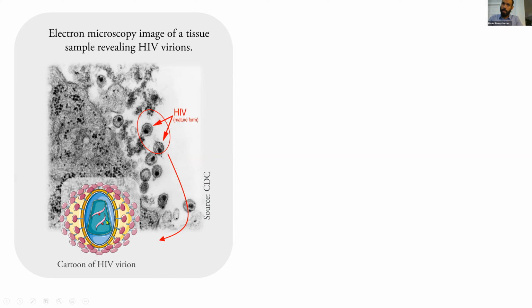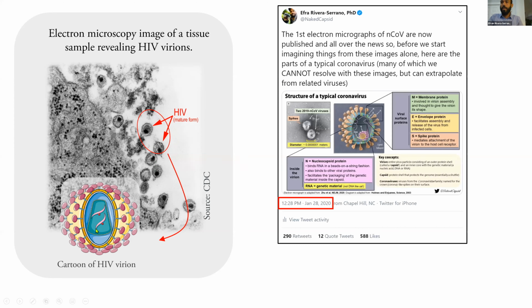And here's sort of the cartoon for the HIV virus, the protein shell here being the capsid and shielding inside the genetic material of the virus. And so this is important for identification of viruses, classification. Here's sort of the print screen of one of my tweets when the coronavirus structure was first revealed back in January.